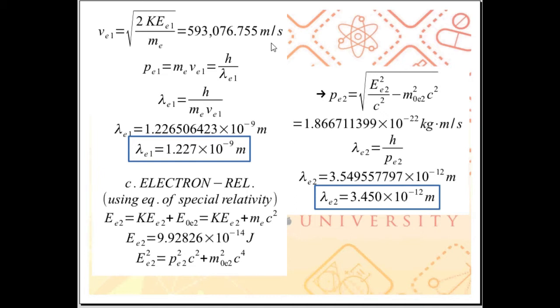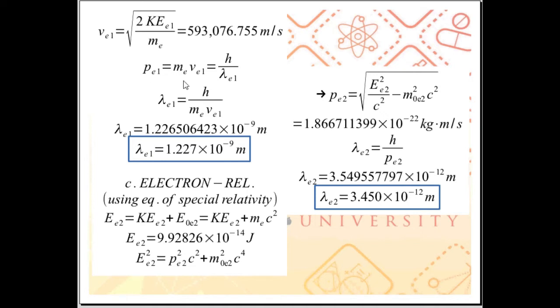light, still very much smaller than the speed of light. So indeed, this is a non-relativistic case. Non-relativistic momentum is given by mass times velocity. For a de Broglie wave, p is just equal to h over lambda.